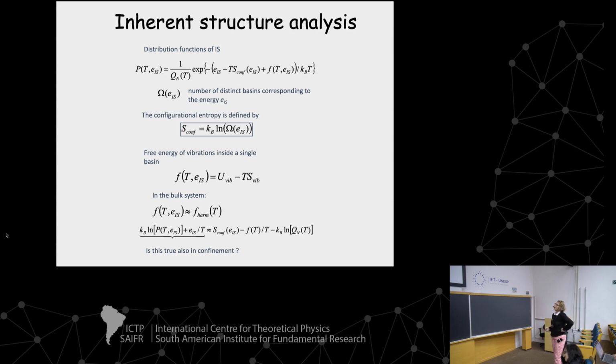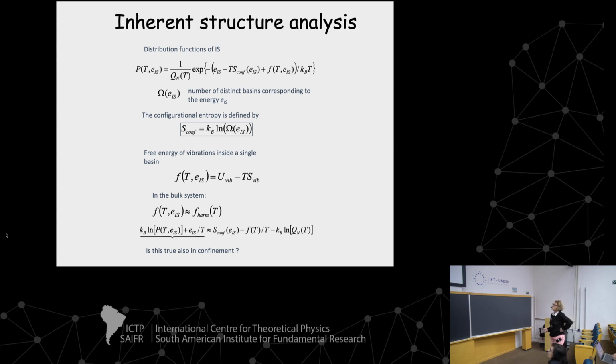So you have a free energy vibration inside a single basin that you can calculate with the vibrational contribution to the entropy. And in the bulk system, the free energy inside a single basin is harmonic.